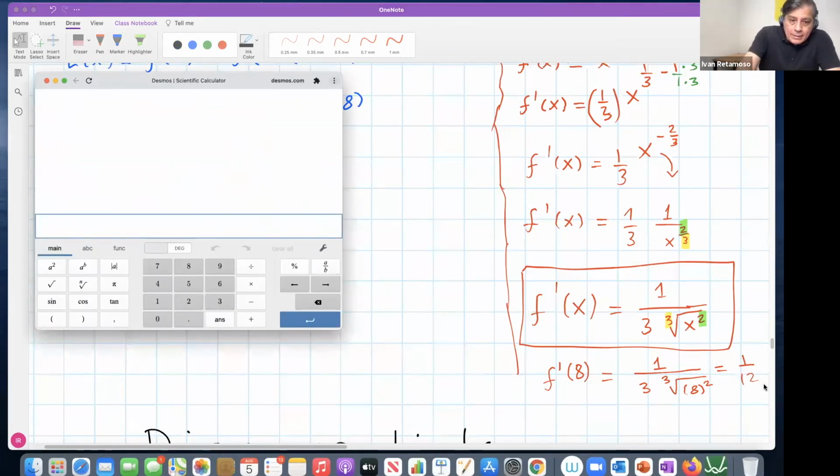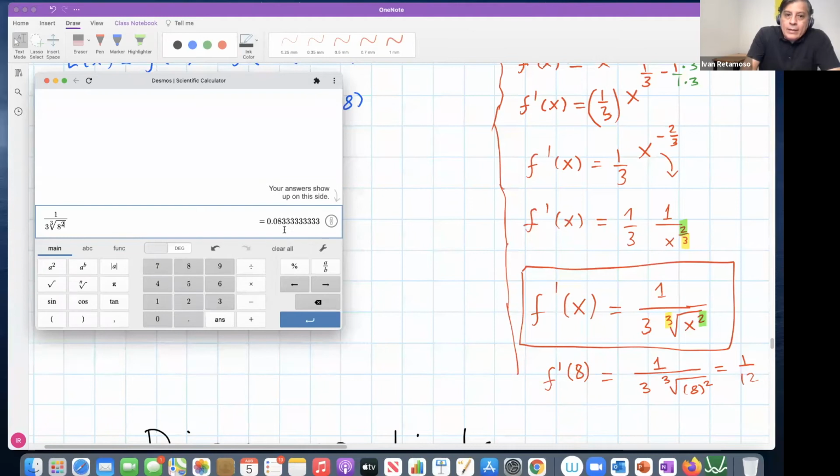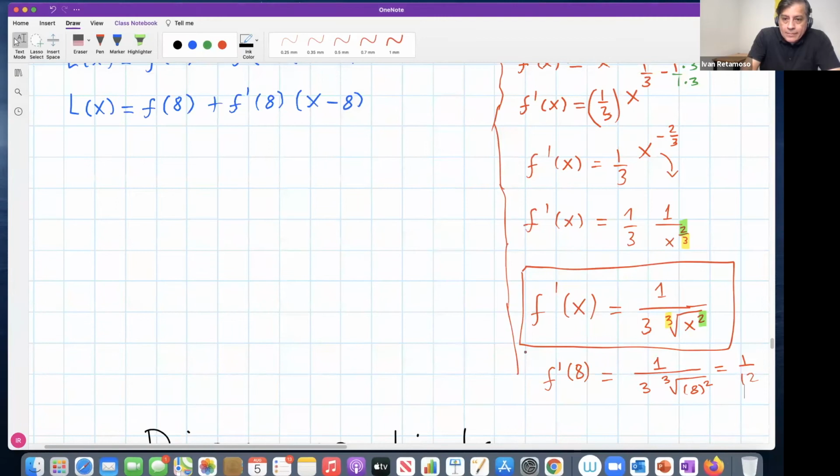Well, check this out: 1 over 3 times cube root, so you click in here, cube root of x squared. We said x is 8, right? 8 squared. Aha, Professor, I got the decimal representation. Click here, 1 over 12, the fractional representation. So that's what we got there. All right, guys, use your tools, don't get stuck.